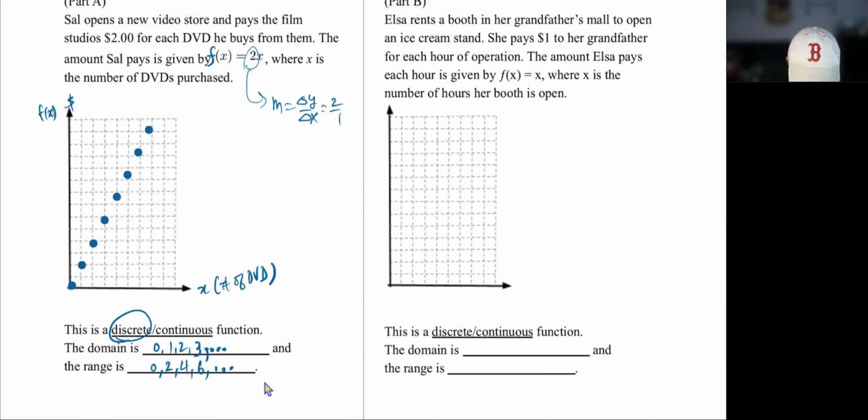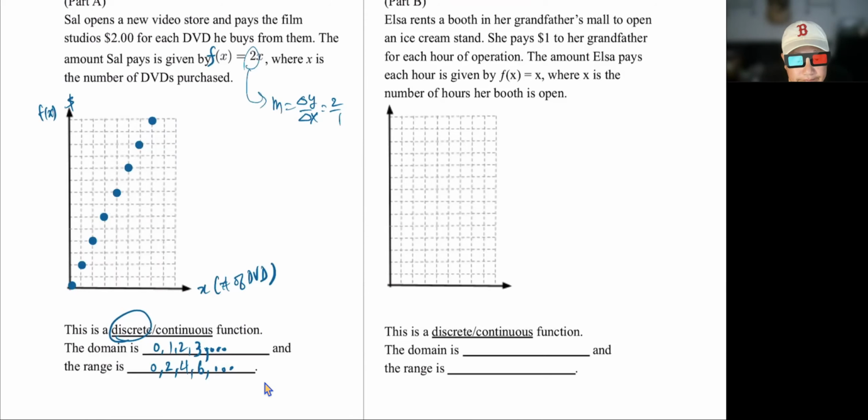So you go up 2, right 1, up 2, right 1. You could see the pattern developing, and you could use that to draw the picture. These points are slightly off. They should be right here, right there, and right there. There you go, fixed.